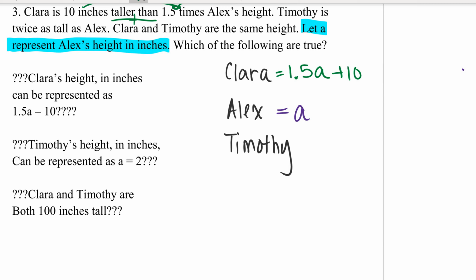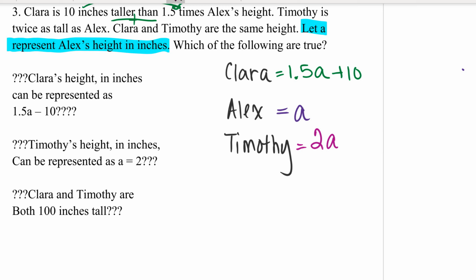They also told us in the second sentence that Timothy is twice as tall as Alex. So under Timothy, we're going to say Timothy is 2A. Clara and Timothy are the same height. If they're the same, that means they're equal.